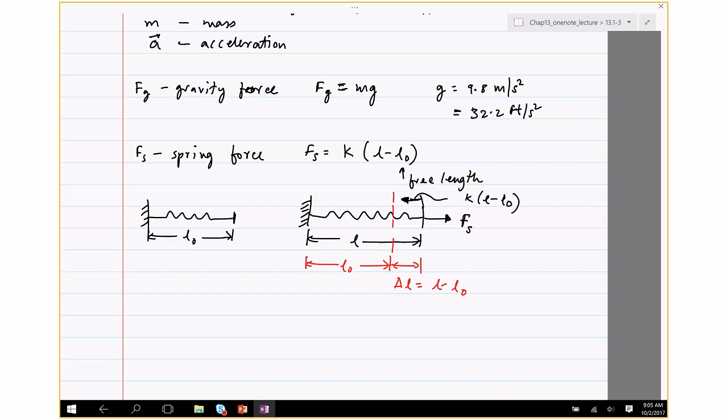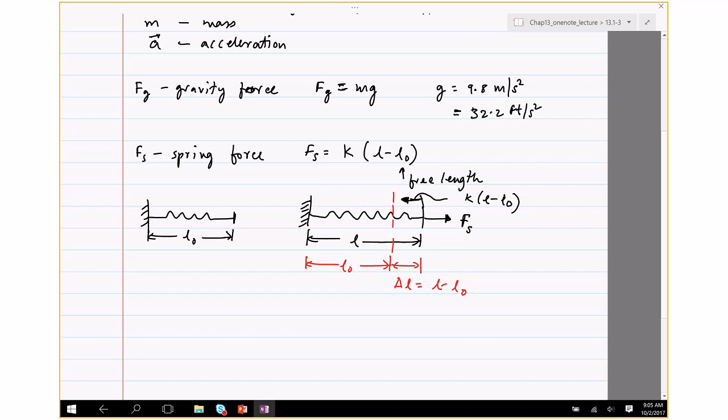Similarly, if I had compressed the spring, by applying a force in the opposite direction, then the spring force k(L minus L0) would be in the right direction, to the right. So it will try to get the spring back to its original length. In other words, that force always gets the spring back to its rest length.